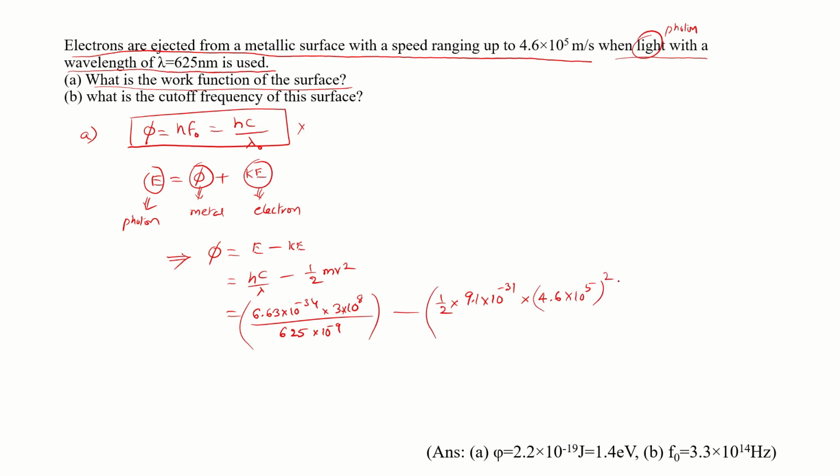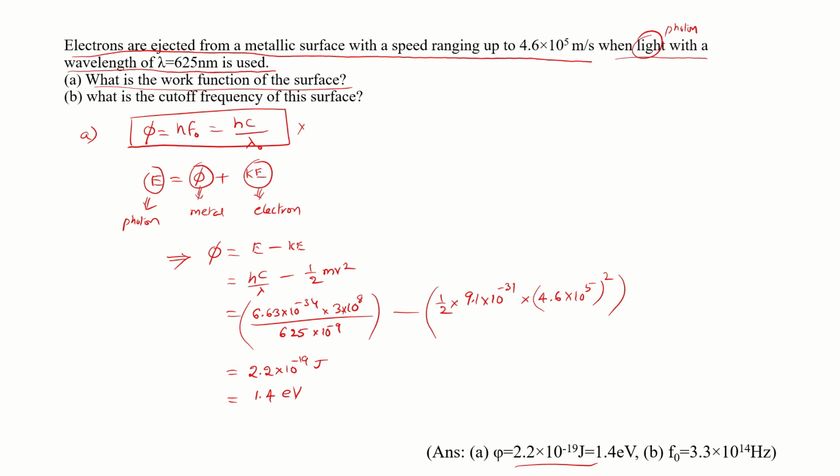So this minus this, let's plug in these values in the calculator. Our answer is around 2.2 times 10 to the power of minus 19 joule. Divide the joule by the charge of an electron, so our answer is 1.4 electron volt.